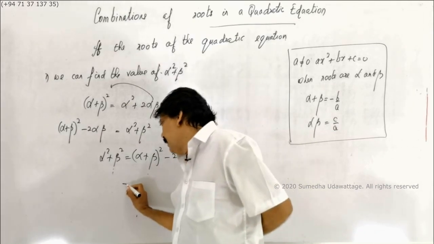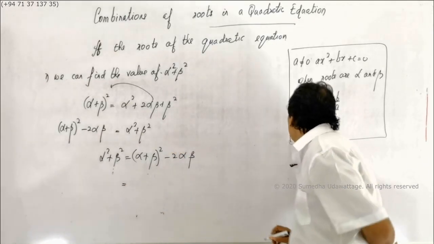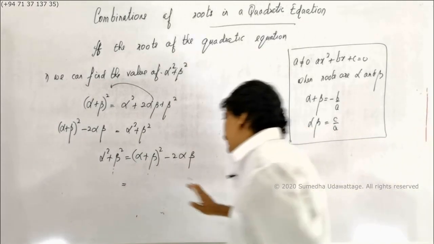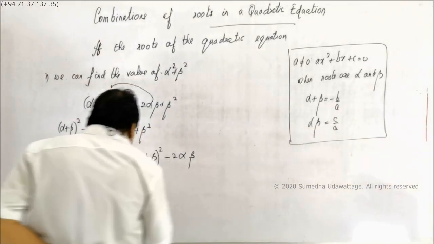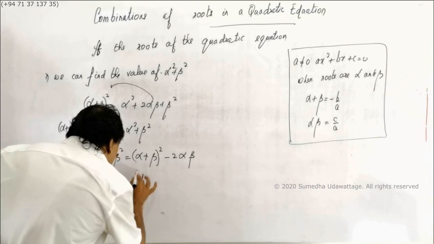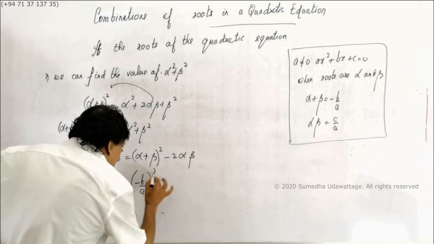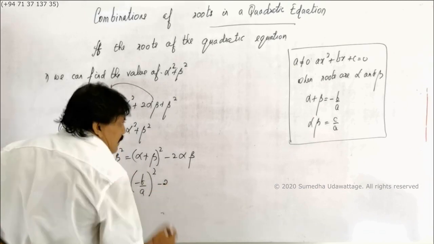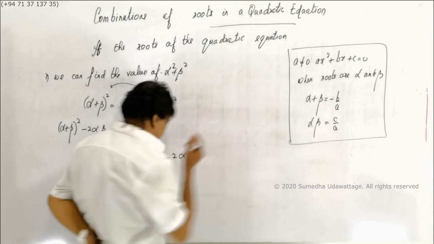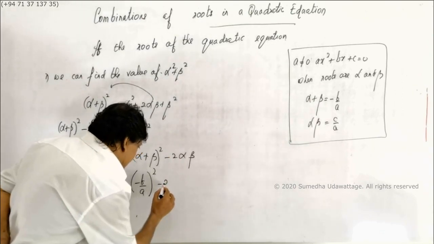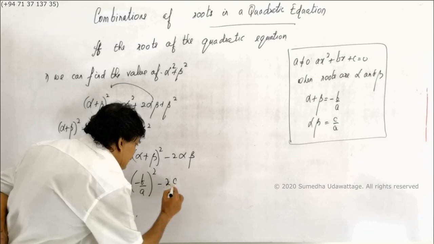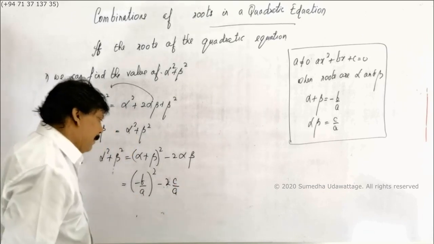Then it would be, look here, alpha plus beta is minus b over a, complete thing square, minus 2 times alpha beta, which is c over a, so 2 times c over a.